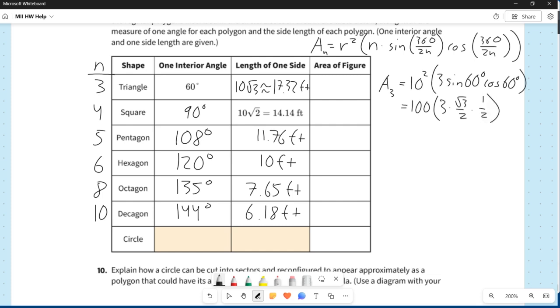All right. So we end up getting 100, and based on the pattern that we're going to see, I'm going to evaluate this piece right here: 3 times root 3 over 2 times 1/2. And we'll see what we get.